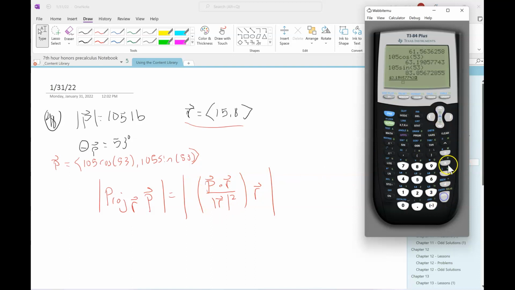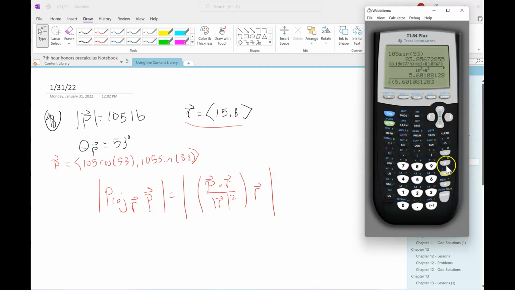So it's this times 15 plus this times 8 divided by 15 squared plus 8 squared. So that's the scalar that I'm multiplying in, is this 5.6 number. So when I do my scalar multiplication and then take the magnitude of it, I'm going to do that all at once.